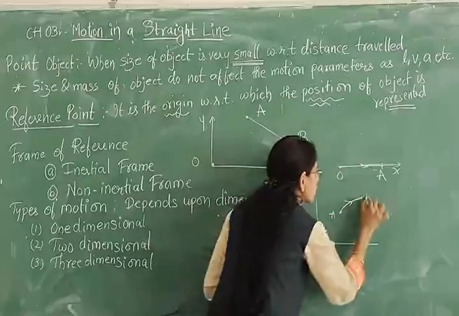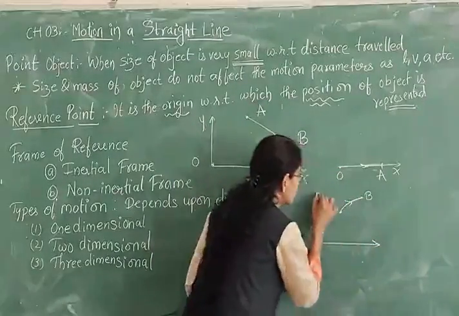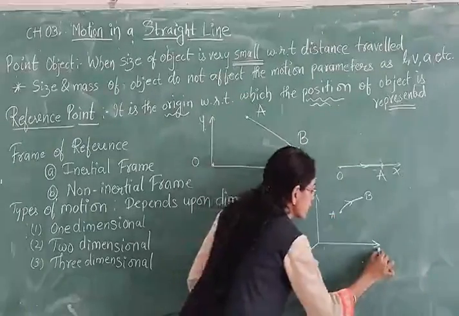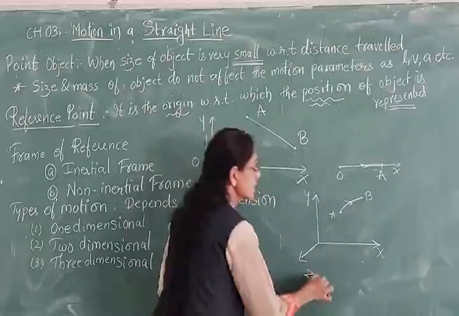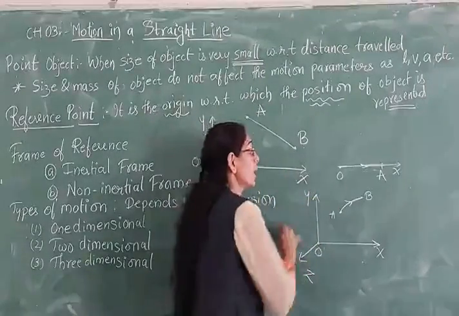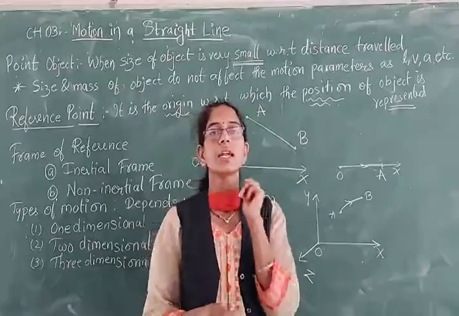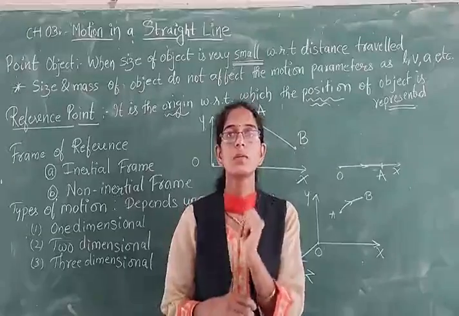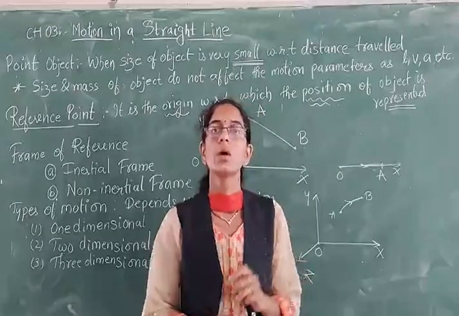It shifts its position from A to B. Now to represent that in space, I require how many coordinates? Three. So one is x, other is y and z. So with respect to these three coordinates, when I represent the motion of any object, then that type of motion is termed as three-dimensional motion.